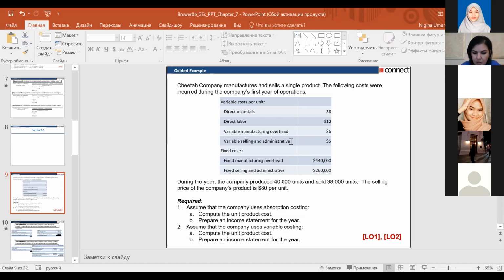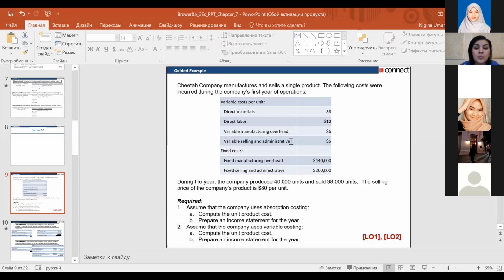So how much? $5 per unit, I must multiply by which amount? Units produced or units sold? Units sold. Exactly, units sold, 38,000. It's 190,000. Then sales revenue minus cost of goods sold minus variable selling and administrative equals contribution margin.